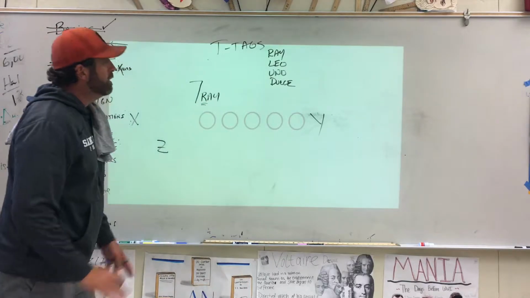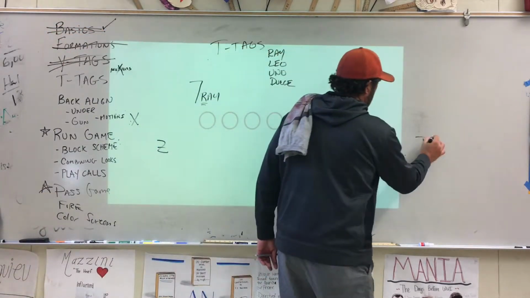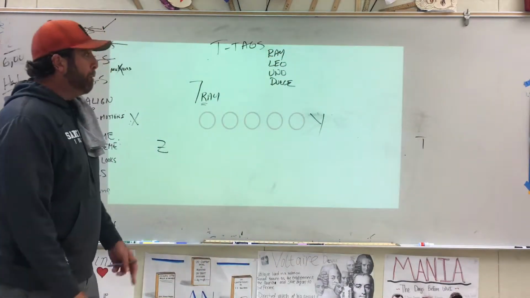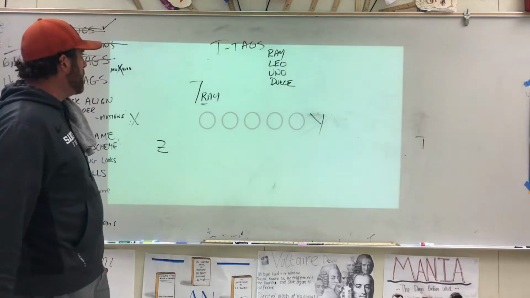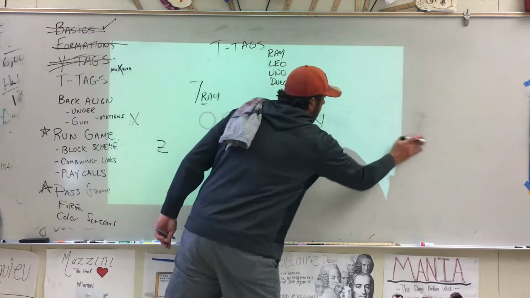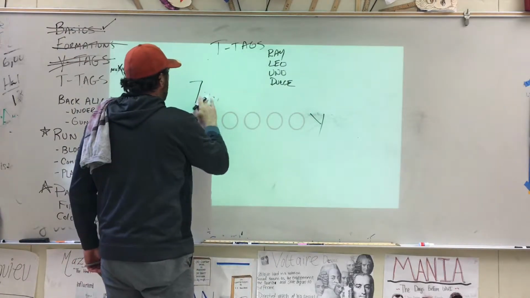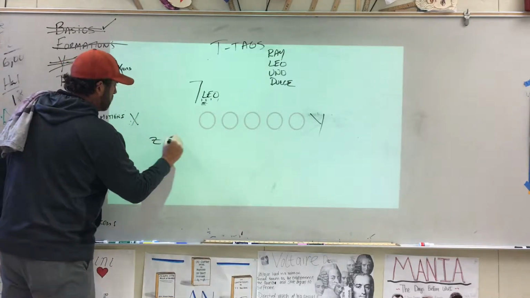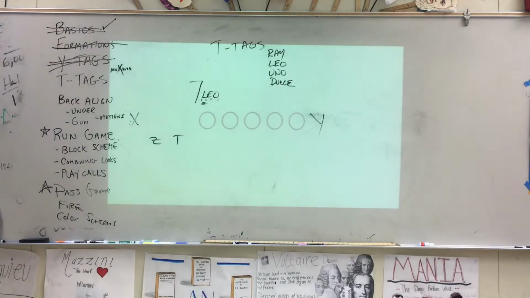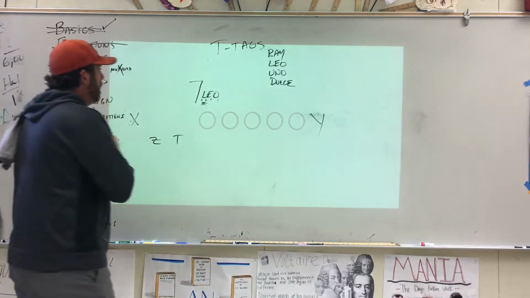R for right, puts a T as a receiver out here. Now, based on formation, he might be in the slot. I'll show you that in a second. So that's 7 Ray. We have 7 Leo, that puts us into a trips formation. L for left. Z would bump a little bit, give him some room, and we have trips. So that's 7 Leo.